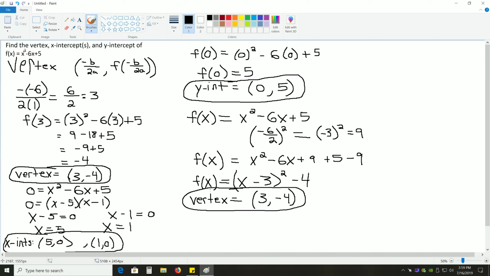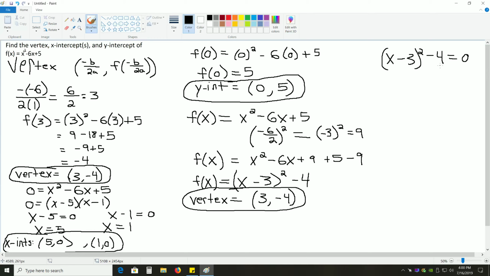And from here, we can still solve for the x and y intercepts. So if we go to this x minus 3 quantity squared minus 4, we have that this is equal to 0.